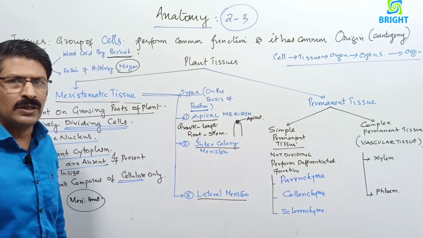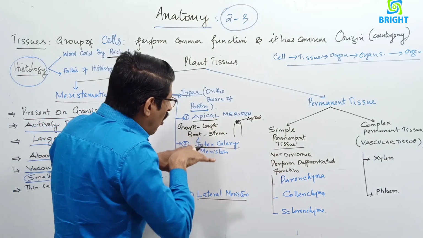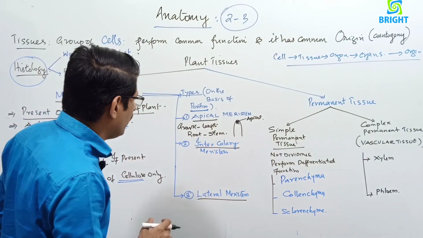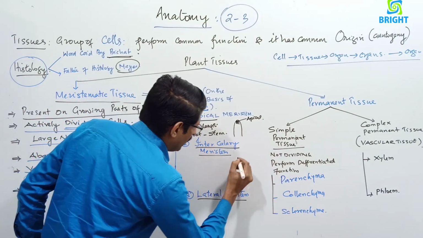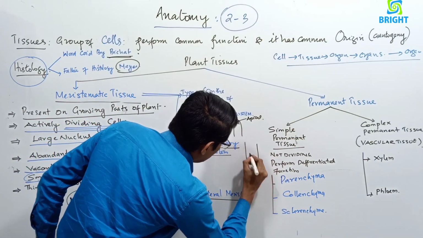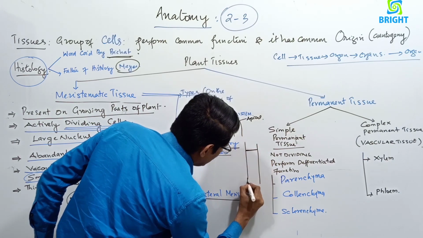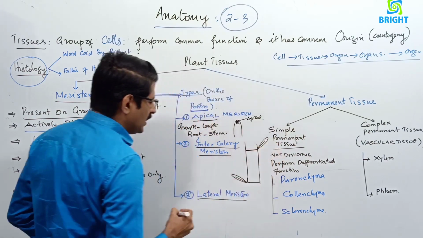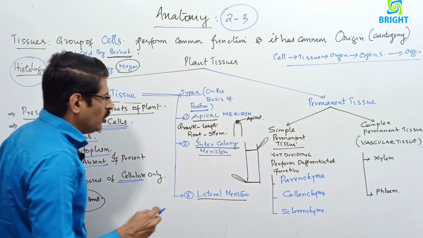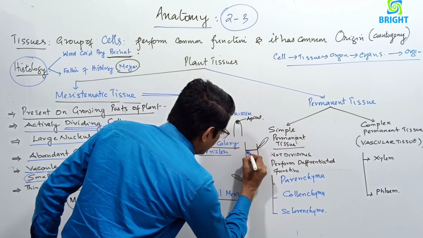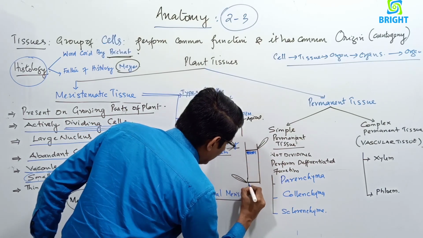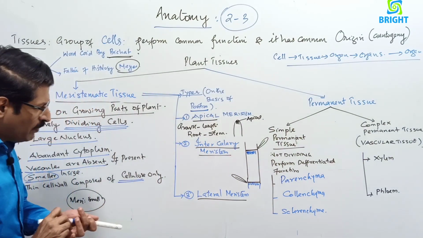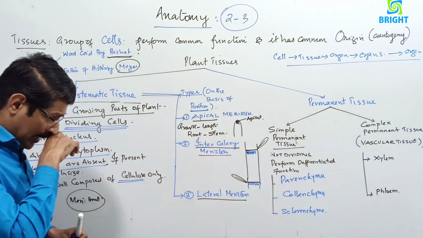Apical meristem is present in all plants, all angiosperms, both dicot and monocot. But in the case of intercalary meristem, when we take a stem, this is a nodal region, this is another node, and a node is a region where the leaf or branch will originate. Just beneath the nodal region there is a group of meristem which helps in the growth in length or elongation of the stem, and this meristem is called intercalary meristem.